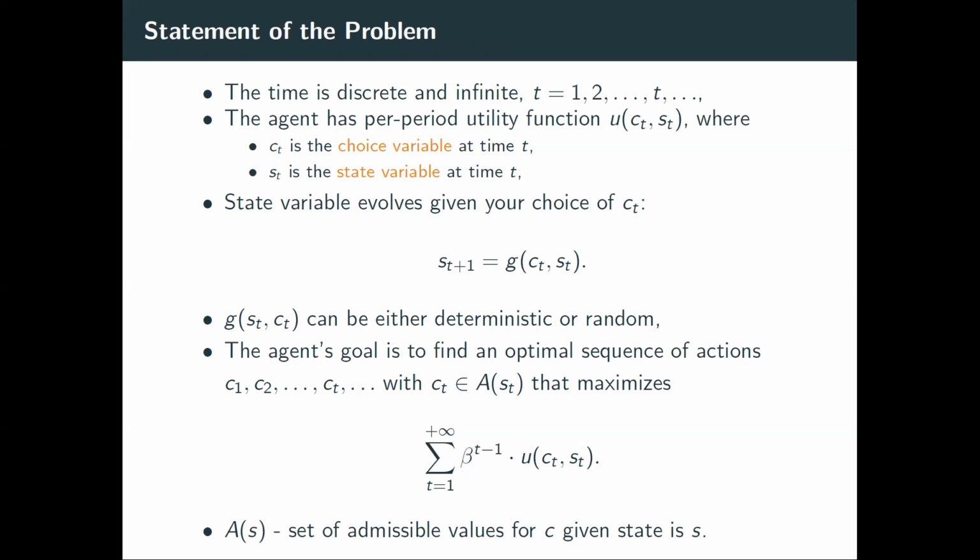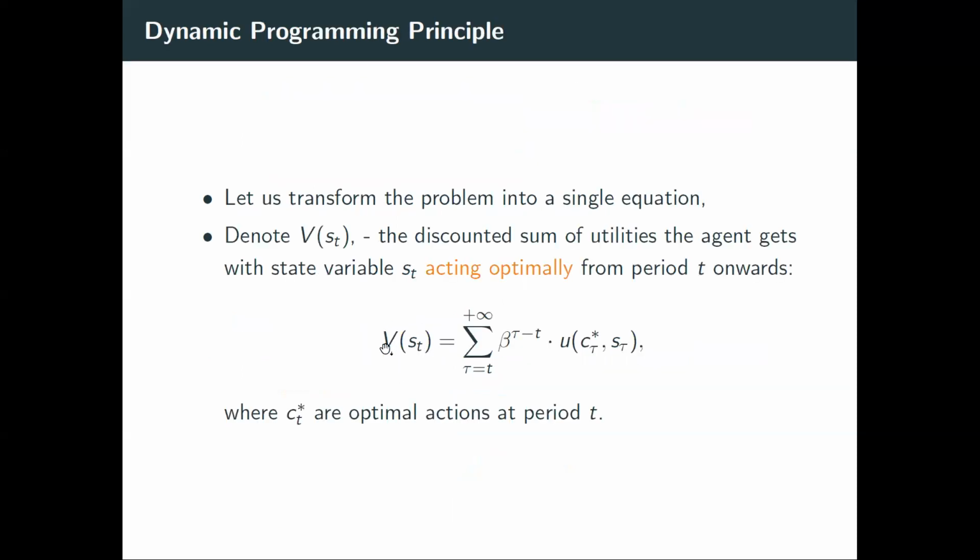In this state, you need to choose CT, and then according to this law of motion, you receive utility of CT and ST, and move to the state ST plus 1. Again, in this state ST plus 1, you need to decide on CT plus 1. Then you incur this utility and move to ST plus 2 and so on. So what is important for us is to define this value function for any numerical value of ST. And how we do this is exactly this. Here it can be done in various ways.